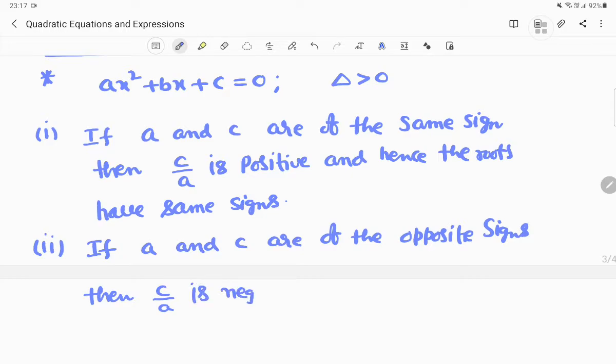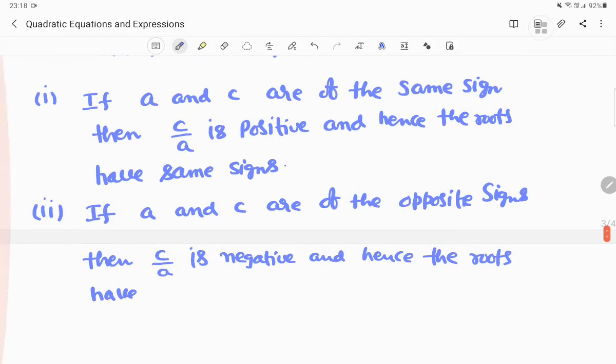Why? Because opposite sign means one is plus, another one is minus, so obviously c by a is negative, and hence we conclude that the roots have different sign or opposite sign.